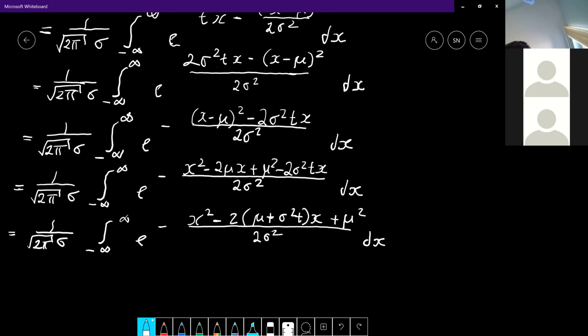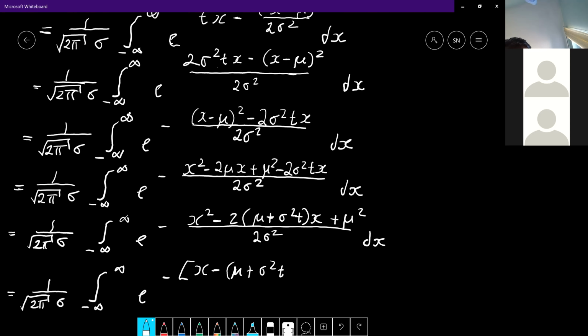In the next step, I'm going to do what is known as completion of squares. You should know this. If you don't know, just watch what I'm doing. The first 2 terms, that is x squared minus 2 times something times x, can be put together into this.